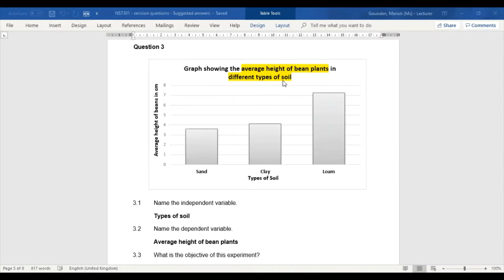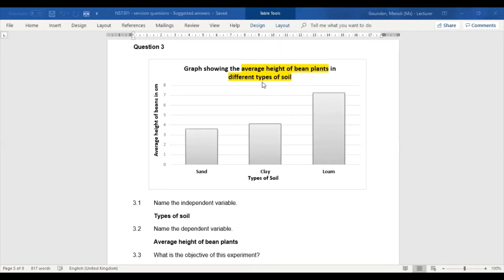So the heading here clearly states, graph showing the average height of the bean plant. Straight away, that's 1 variable in different types of soil. Here's your second variable.